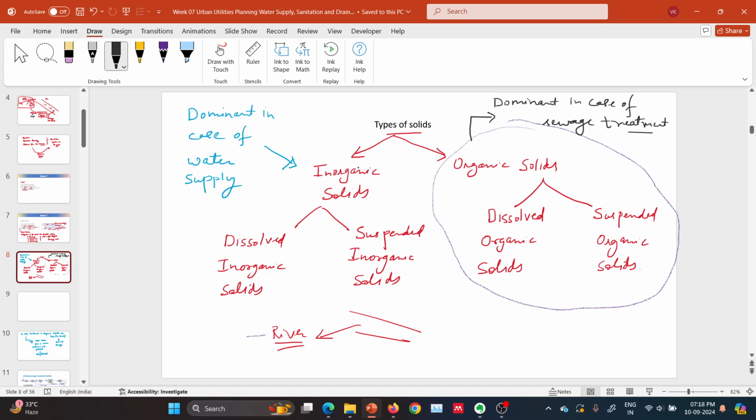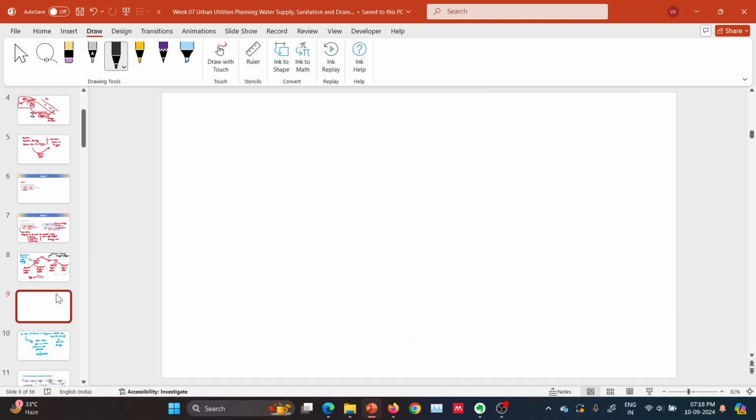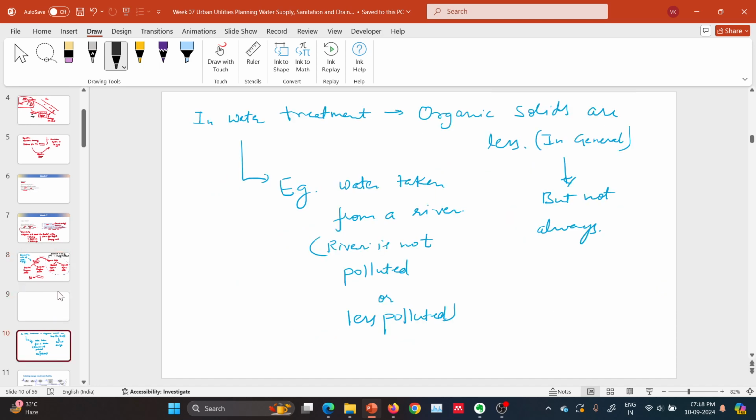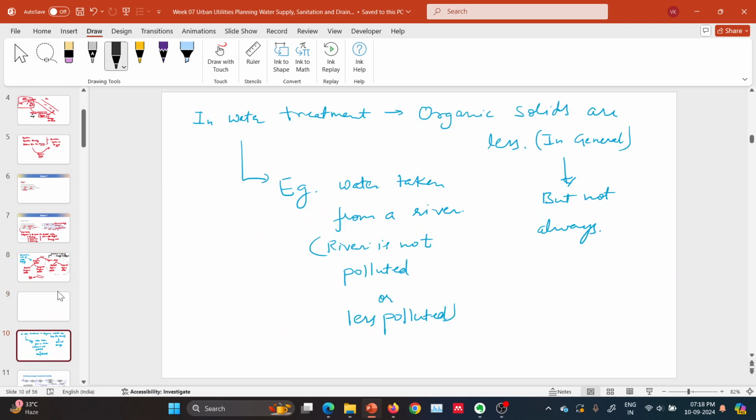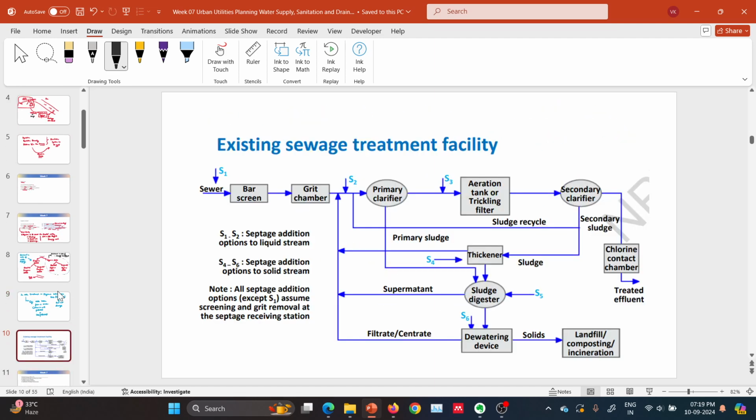So we have to remove dissolved organic and suspended organic solids in the existing sewage treatment facility.